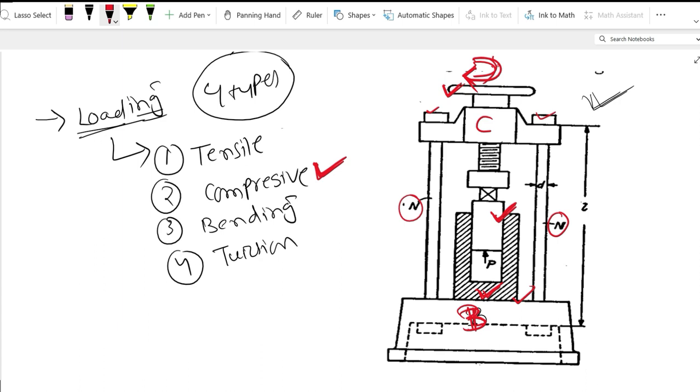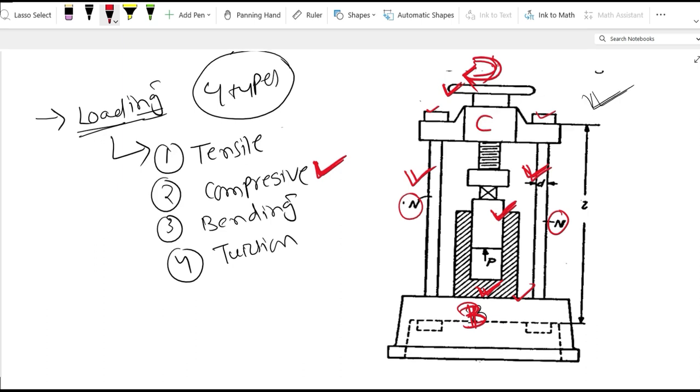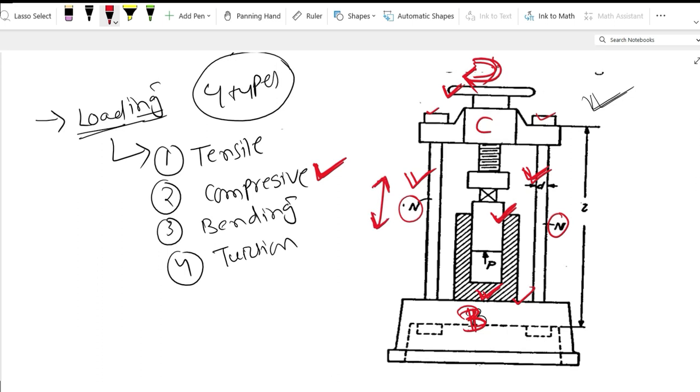And at the same time, this vertical member which is fixed to the base is undergoing tension. That means we are observing a pulling effect on this member, and that happens because of tensile force.